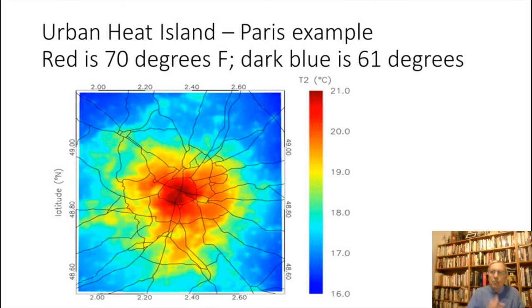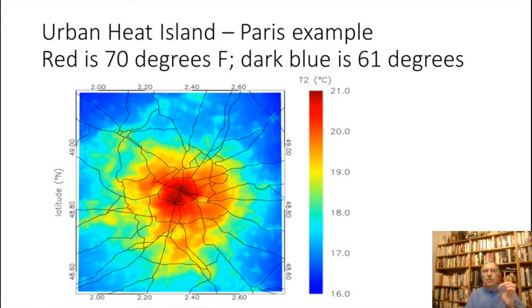This particular map, I thought, was a good one to show, but in this case, the difference from the outlying suburbs, which are 61 degrees, to the center of the city, 70 degrees, is 9 degrees. That's a lot. It's not usually that much, but the map makes the point. It's usually about 5 degrees.